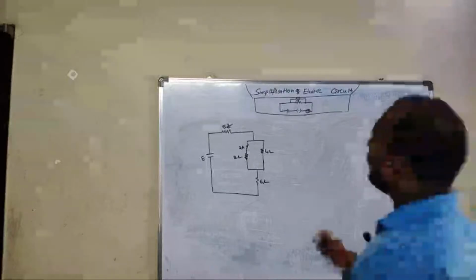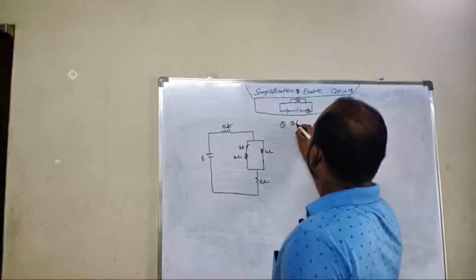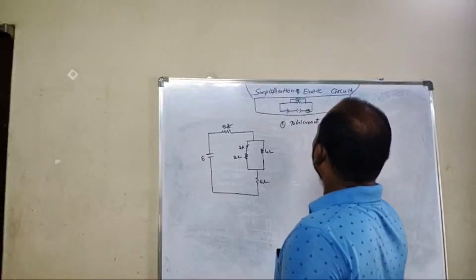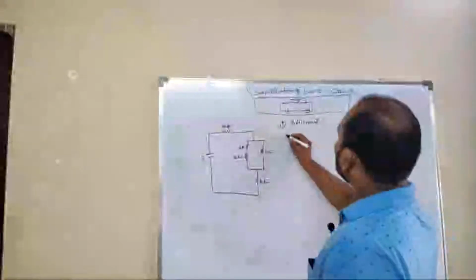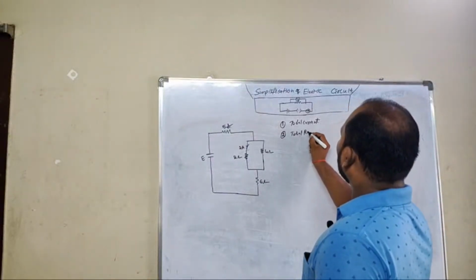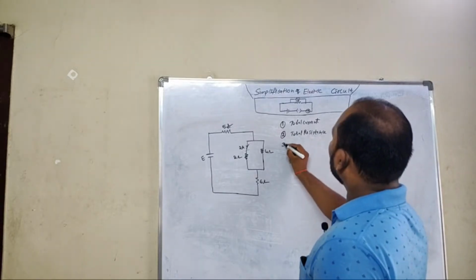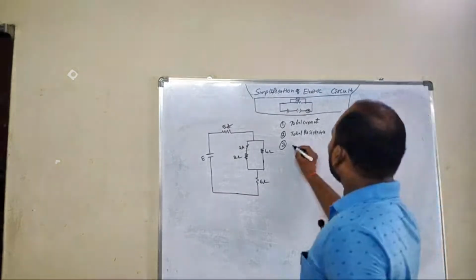Very, very important method. So the first question is the total current. I want the total current first. The second one is the total resistance I want. The third thing is I want the E value also.